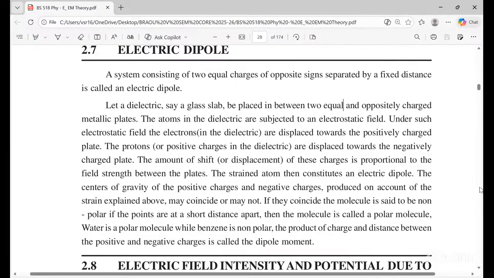Whenever you place a dielectric slab inside, you have to see how the electric dipole is useful to calculate the electric field as well as the electric potential value.